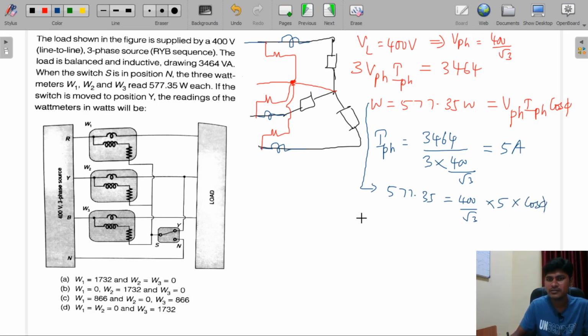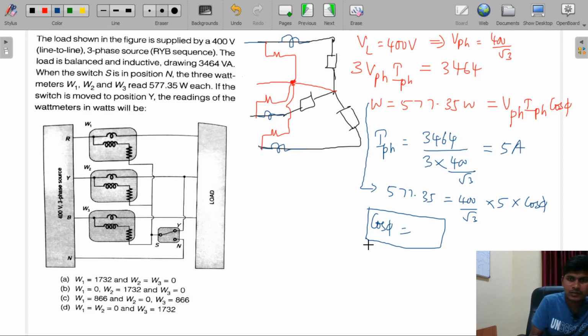From this you can find cos phi. Cos phi is equal to 577.35 into root 3 by 2000, which is 0.5. Cos phi is 0.5.